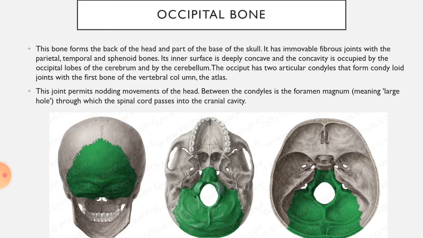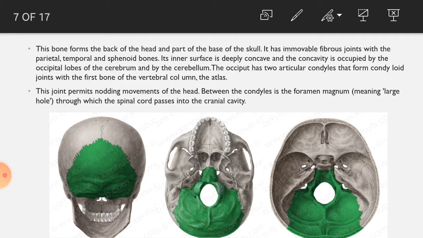The joint between the atlas and axis, C1 and C2 vertebrae, is the pivot joint, which will help in the rotation of your head. And this is the condylar joint, which is between the occipital condyles and the C1 vertebra, the atlas, and this is responsible for the nodding movement of your head.